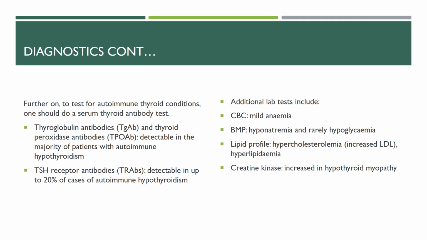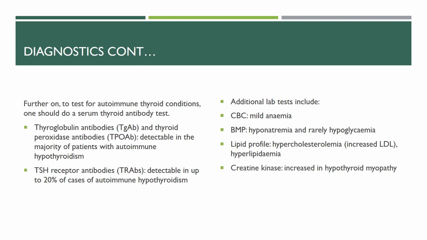Now, the additional lab tests would be your full blood count, in which case you'll find mild anemia. I'm sure you know why there would be mild anemia, because if you're a lady, you'll also have issues with your menstrual cycle. So that one's there. Then you'll also see your basic metabolic profile showing signs of hyponatremia, and rarely, in such a case, hypoglycemia.